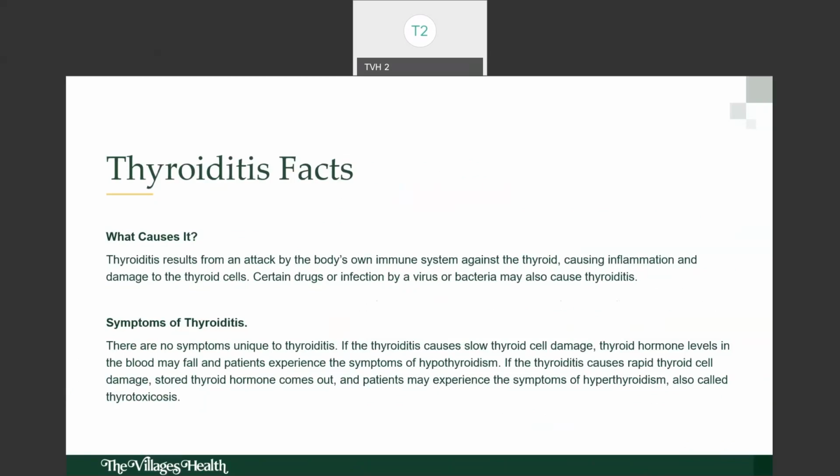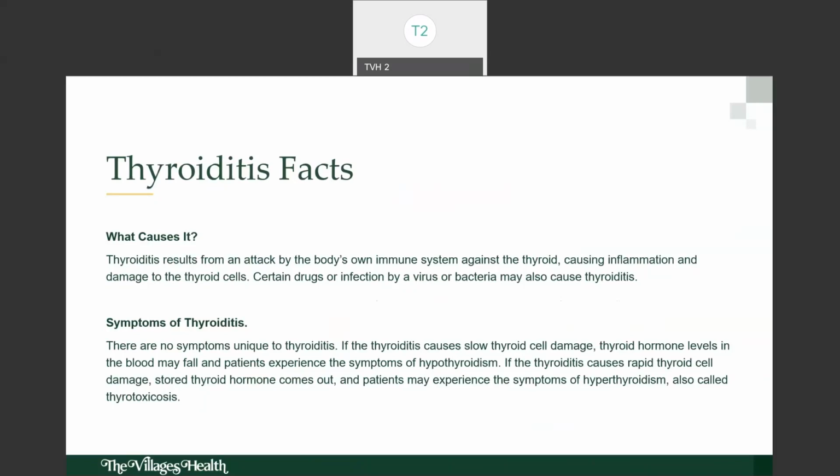If the thyroiditis causes slow thyroid cell damage, you may have some changes in your hormone levels. The levels may fall, and you may experience some of the symptoms of hypothyroidism. But if the thyroiditis causes rapid thyroid cell damage, then you may experience some of the symptoms of hyperthyroidism.